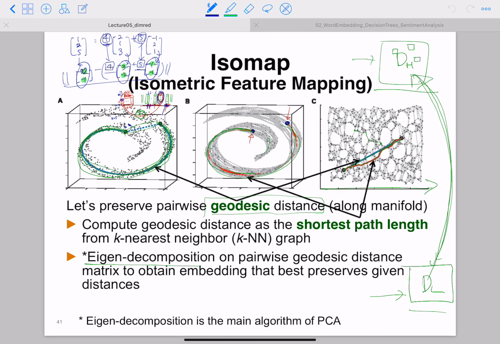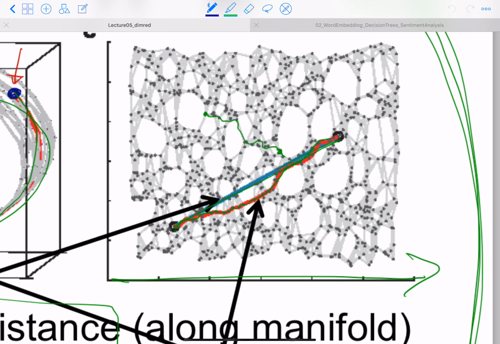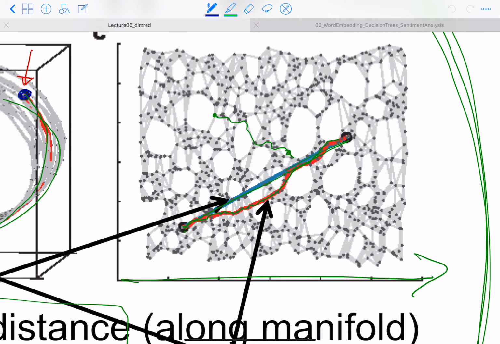In the case of isomap, if we use a small k value, then the k nearest neighbor graph will be much coarser, or the edges will be much fewer, much sparser, right? And we want to approximate this geodesic distance as a shortest path in our k nearest neighbor graph.